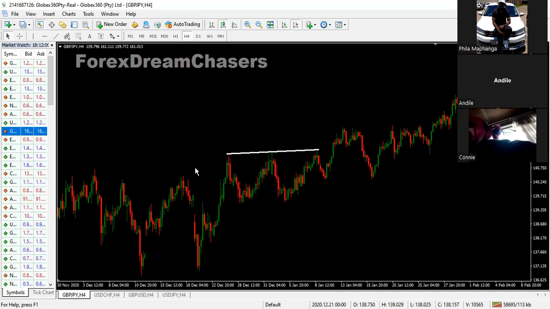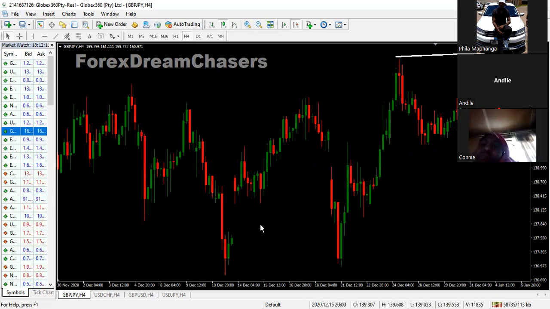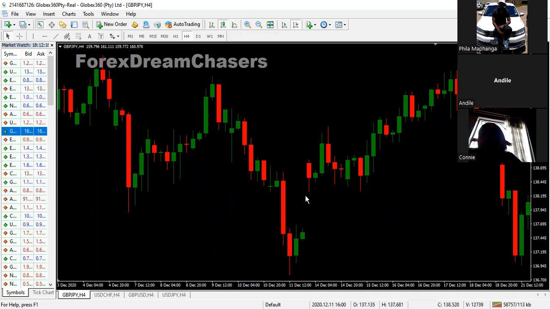Today, I want us to cover gaps. I'm not sure if you have heard of gaps in the market. When we talk about gaps, something like this, can you see what happened here? Let me zoom in. Can you see what happened here?